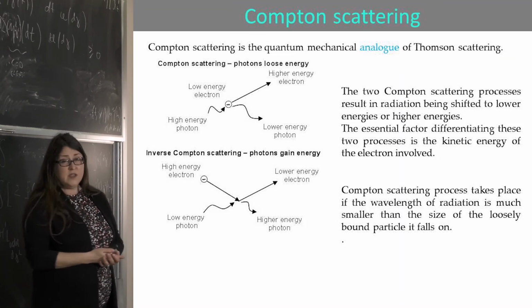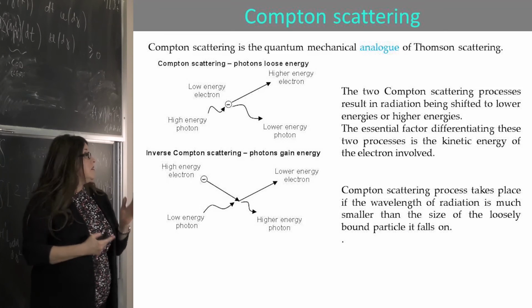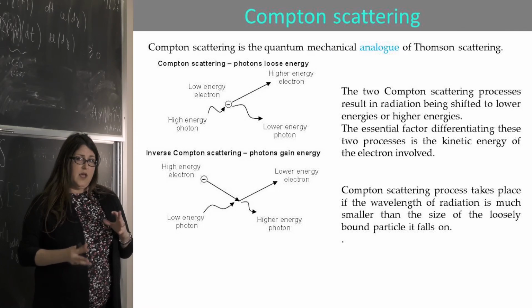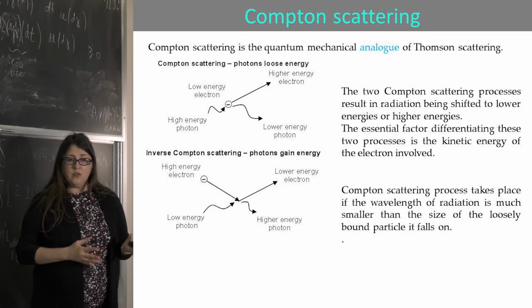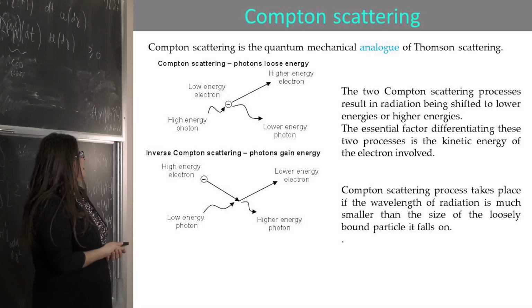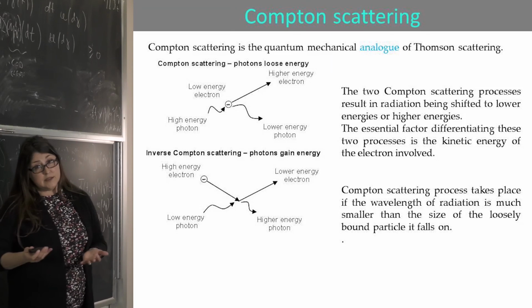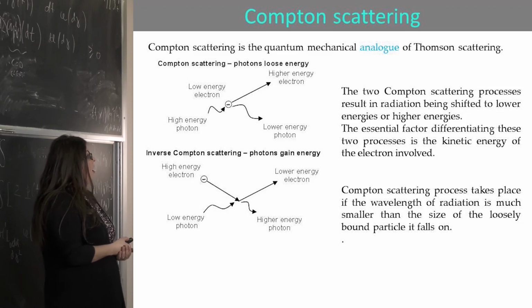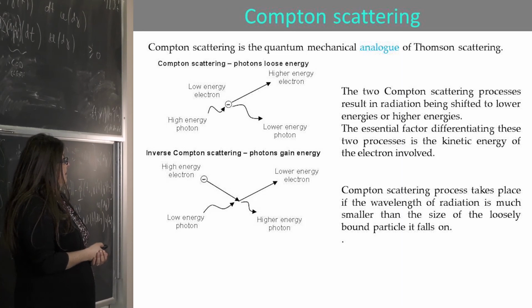What we have instead is the Compton scattering, which happens when the energy of the incoming photon is comparable to the energy of the electron. The Compton scattering is indeed the quantum mechanic analog of Thomson scattering.